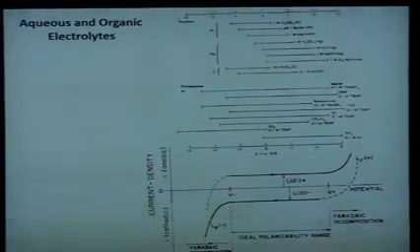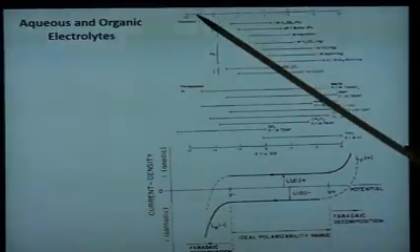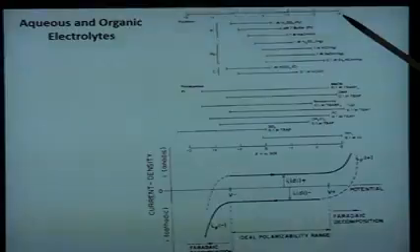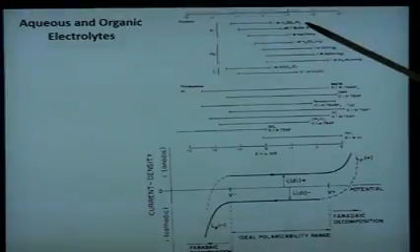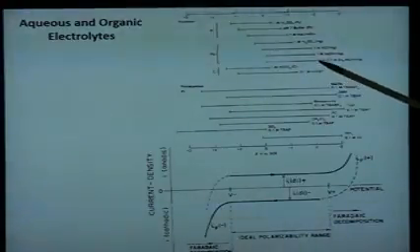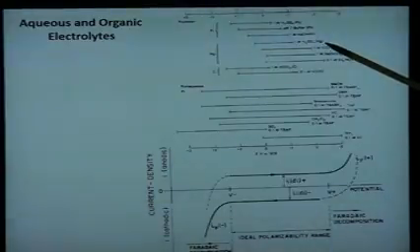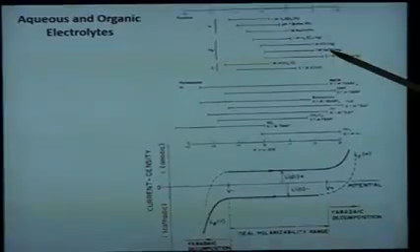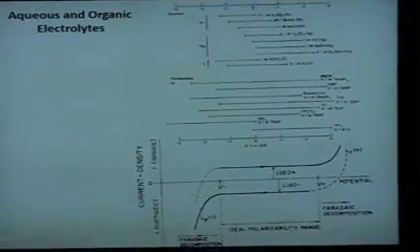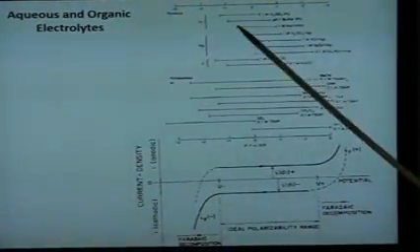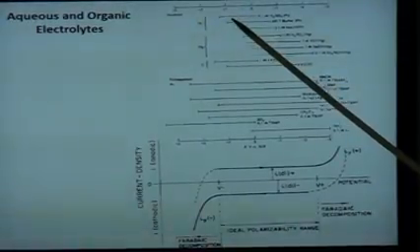Here is an interesting table of all the electrolytes. Probably it's not very visible, but I can go through it. So you see a scale here, this is from +3 to -3, and these are all aqueous electrolytes. On the top is H2SO4, then buffer, NaOH, H2SO4, different concentration, then KCl, NaOH. So what you are seeing basically here is the electrochemical stability range.